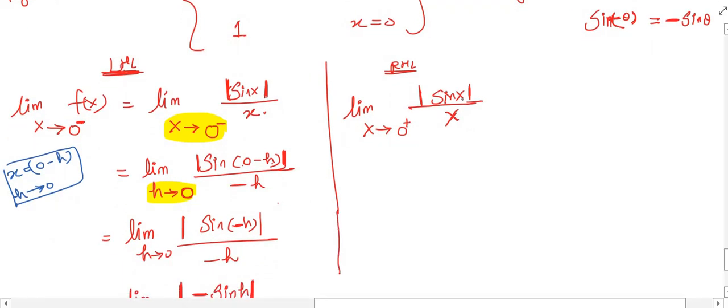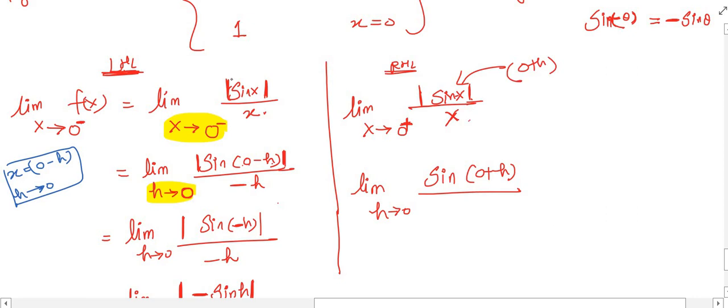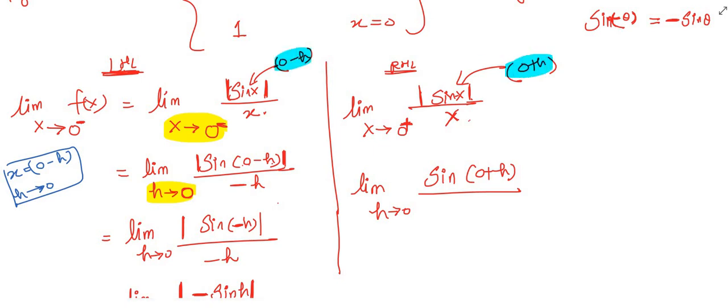So, it is a numerator and denominator in mod. So, I am using the h method, with h going to 0. So, it will be sine of 0 plus h. For plus, it is replaced by 0 plus h. Remember, and for minus, here x was replaced by 0 minus h. Be careful. This you have to remember in both cases, okay?